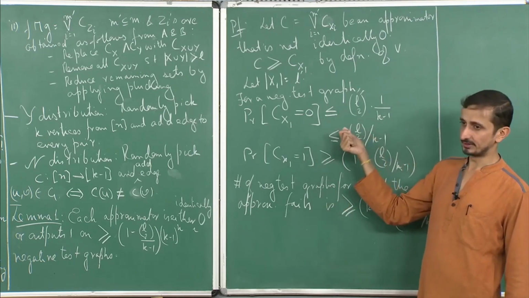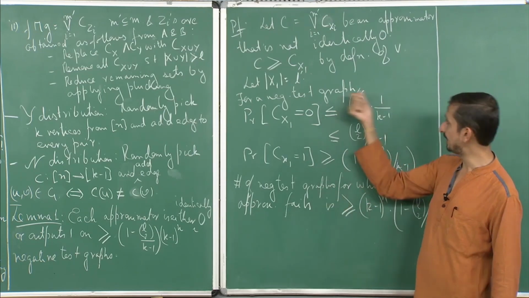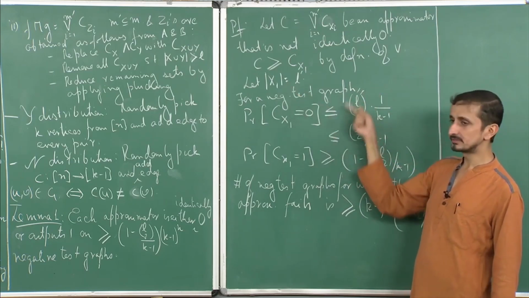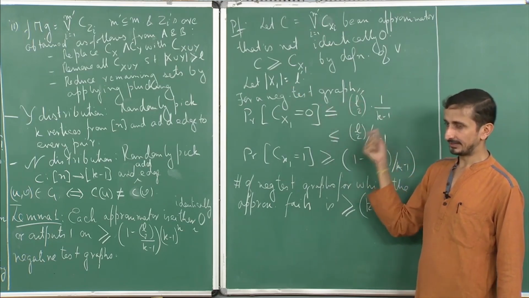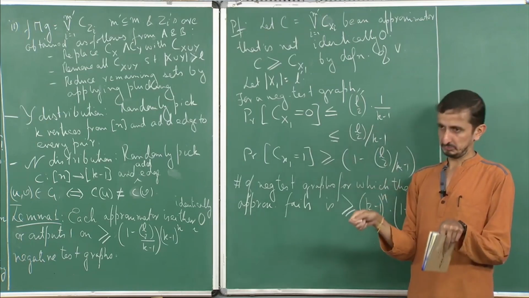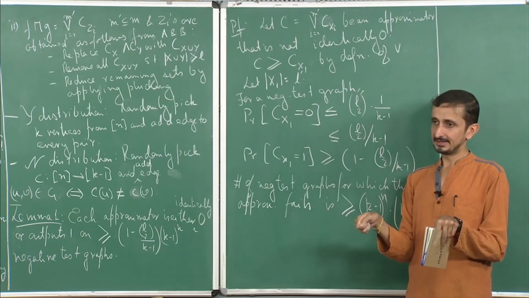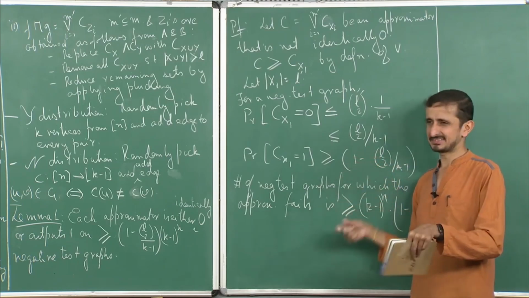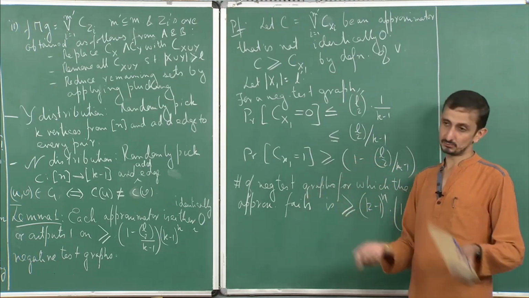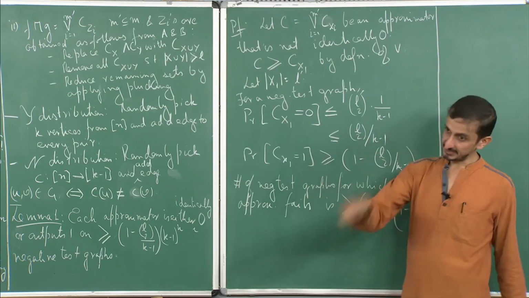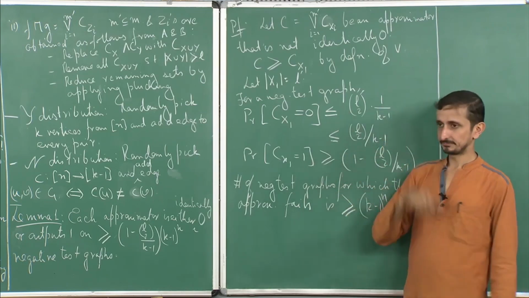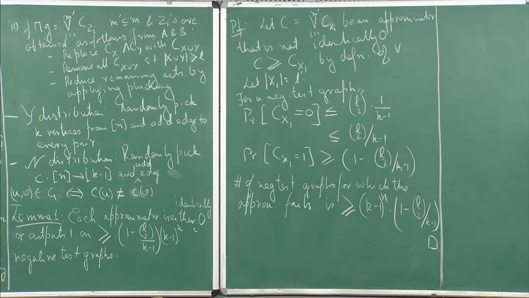There are L prime vertices in x1, so I can choose two vertices in L prime choose 2 many ways, and the probability that two fixed vertices have the same color is 1 over k minus 1, because one vertex can get any of the k minus 1 colors, but the other vertex needs to have only that color. Okay, so that's fine.